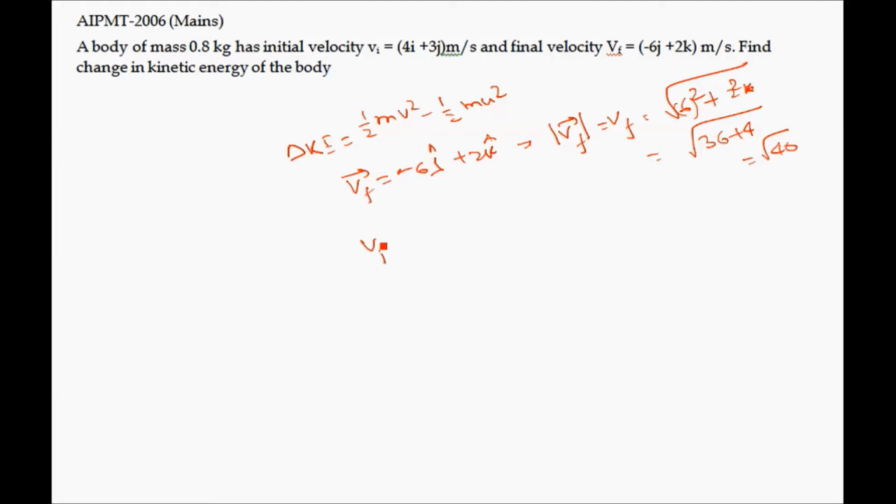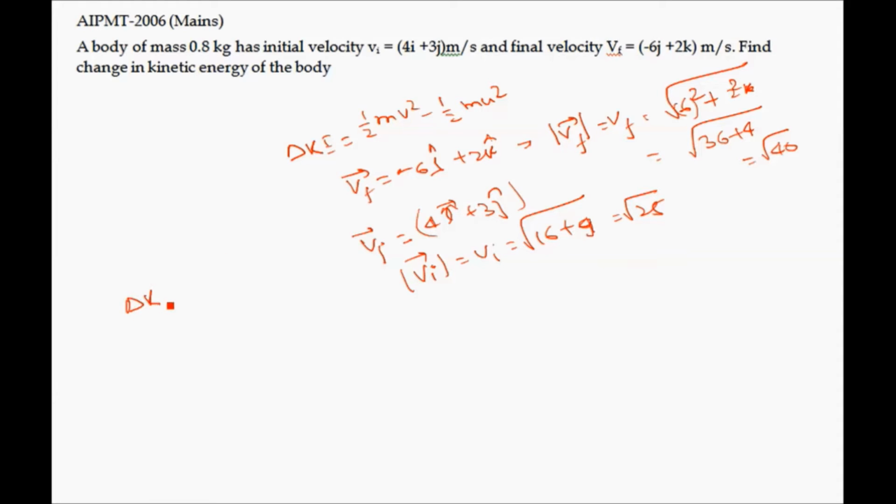Similarly, the initial velocity is equal to 4i plus 3j meter per second, and if I take the magnitude of it, then magnitude of initial velocity is equal to square root of 16 plus 9, that is square root 25.